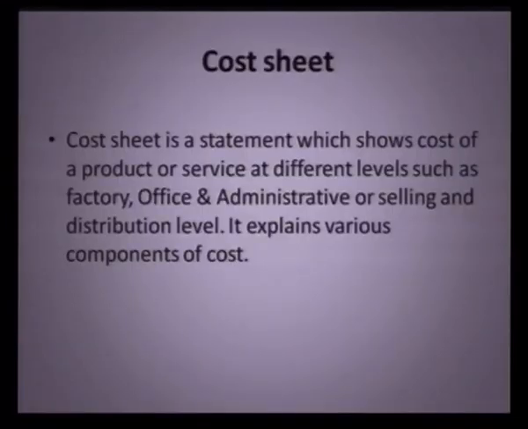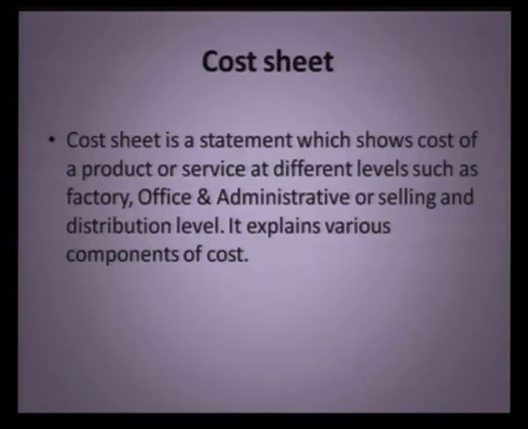Cost sheet is a very important document, as the profit and loss account and balance sheet are very important documents in financial accounting. In the same way, in costing, cost sheet is a very important document. Cost sheet is a statement which shows the cost of a product at different levels.